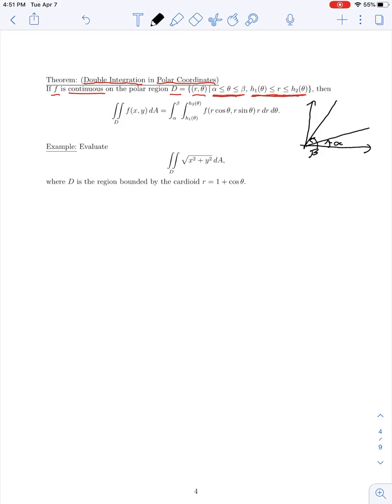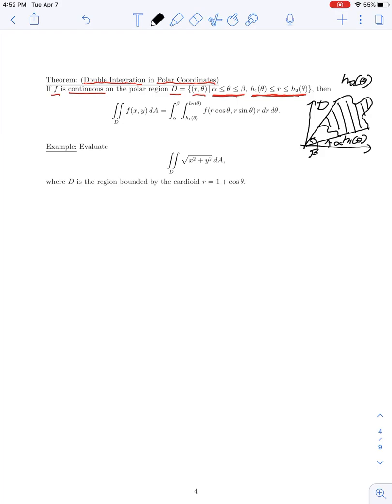So maybe not just circular arcs, but we might have some curve of varying radius, where the outer curve would be the graph of h2 of theta, and that inner curve by h1 of theta. So the points r theta would lie within this shaded region. So this would be a description of our region D.